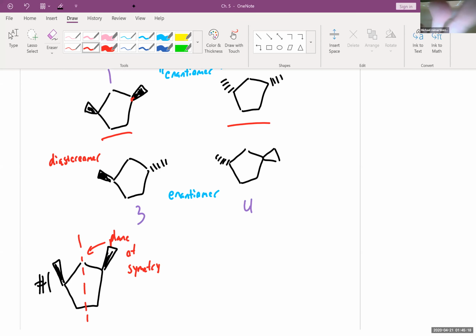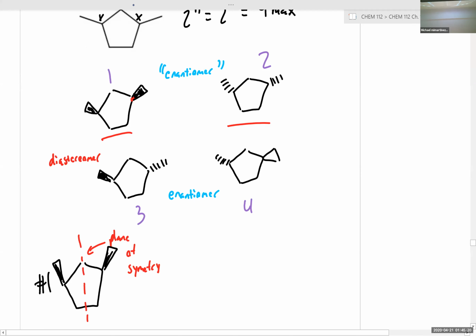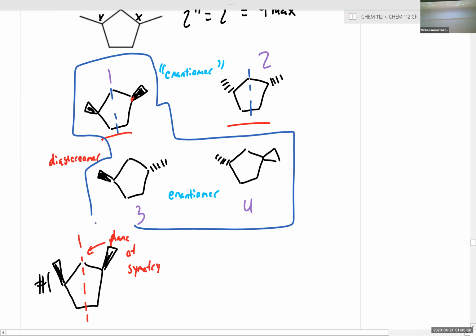So then, in terms of our actually unique molecules, we have 3 and 4 as unique molecules, and then 1 of this meso compound. So these two compounds are meso to each other. They're identical.